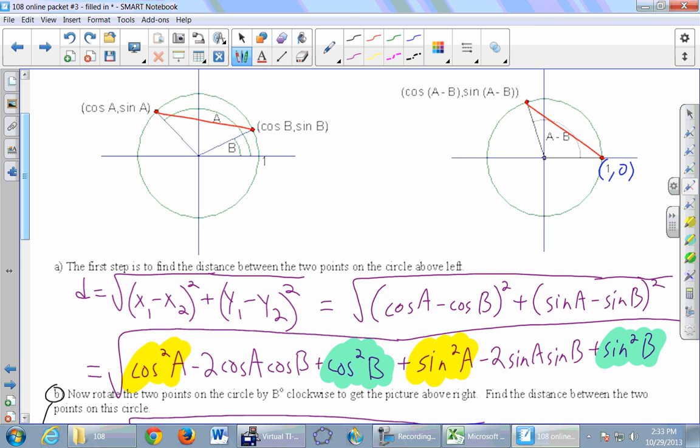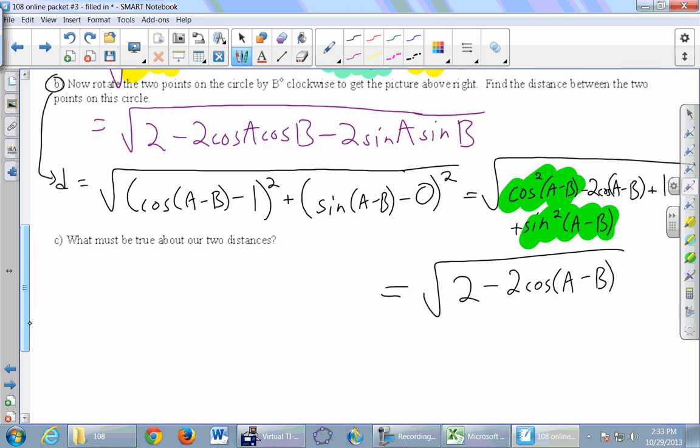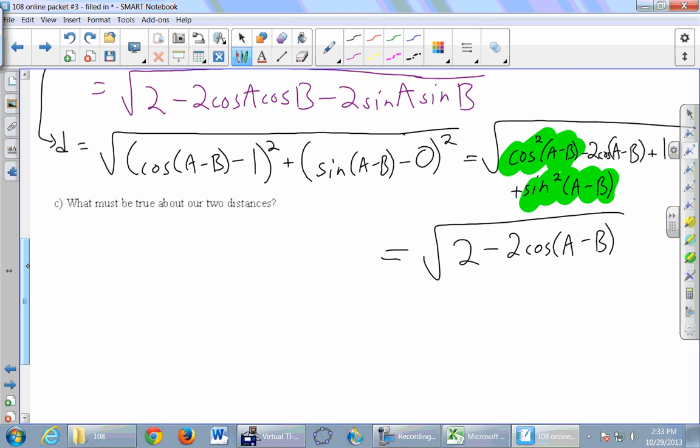So that means the two distances that we calculated must equal each other. So this final purple must equal this final black. And so let's see if we can write that down and maybe not write too much else. So they are equal.